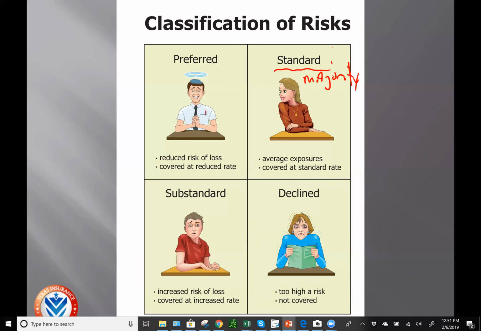Now, if I have a few health problems, like some high blood pressure or some diabetes, then I become a substandard. So sub means below standard. If I am a substandard risk, that means that the insurance company is going to rate me up. Remember back on our conditional receipt, if they rate me up because I was a smoker, or we had Jane who smoked pipes, she is a substandard risk.